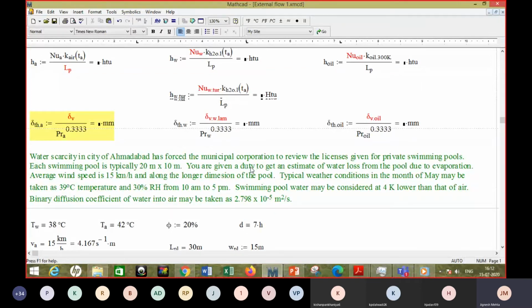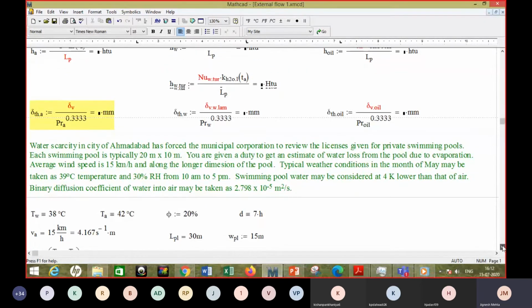It is a function of Reynolds number, and where in the Nusselt number case it was the Prandtl number, here it would be the Schmidt number. Those numbers have been talked about earlier. So let's start solving this example.